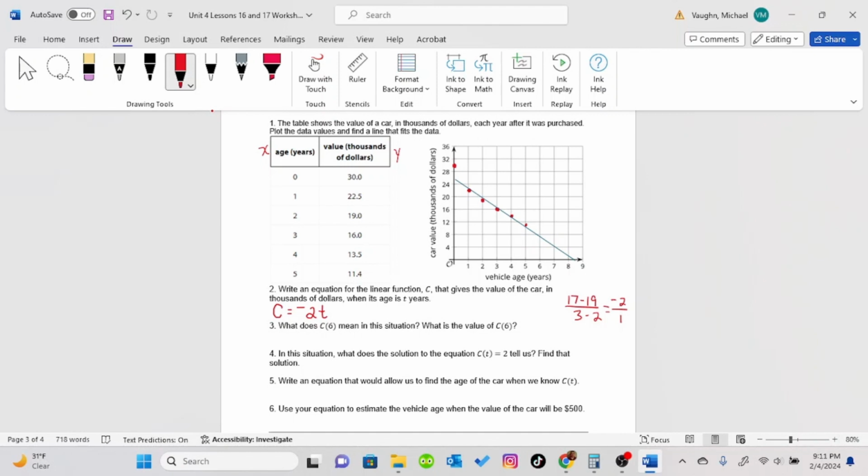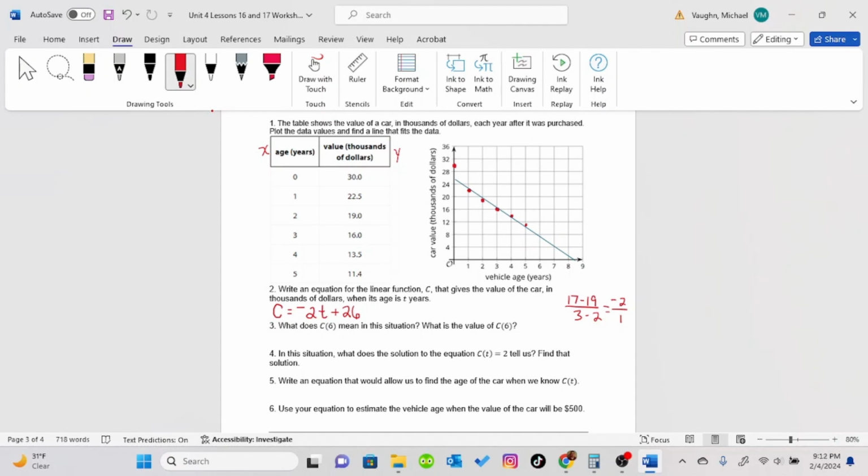And then if we look at the line, the y-intercept appears to be approximately 26. So c equals negative 2t plus 26 appears to be a slope-intercept equation that gives us that line of best fit that we came up with.